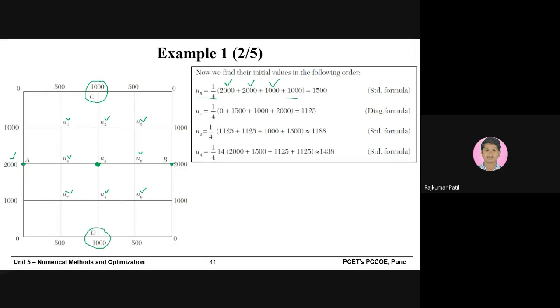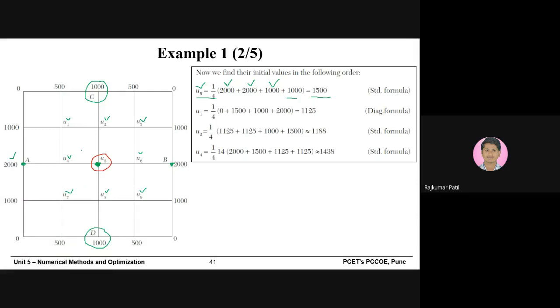So by using these 4 neighbors, you use standard 5-point formula and you calculated the first iteration or initial value for u5, which is equal to 1500. Now you know the initial value of u5. Now go to the next value.